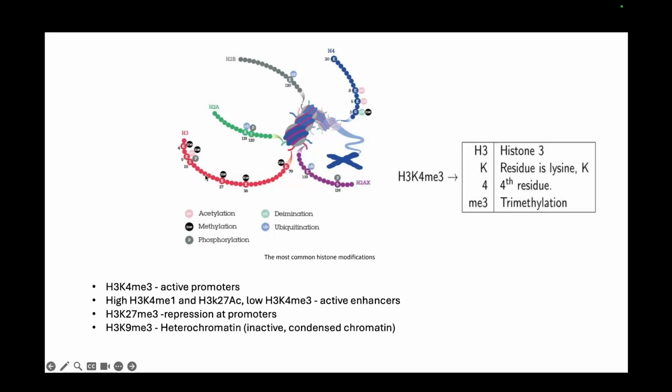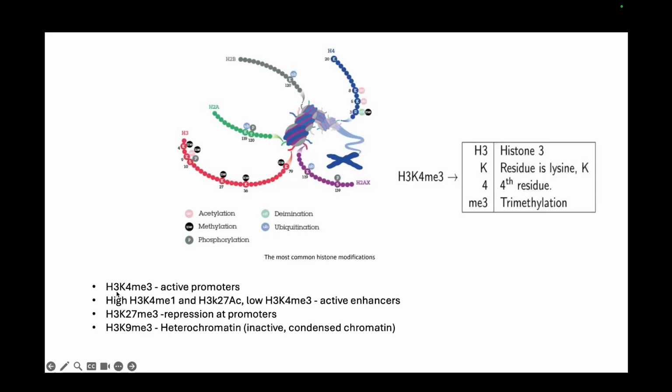So these are some of the symbols that are used. For example, if it is showing H3K4Me3, which means at histone 3, at the fourth lysine residue, there is a trimethylation. So this is what the symbols mean.